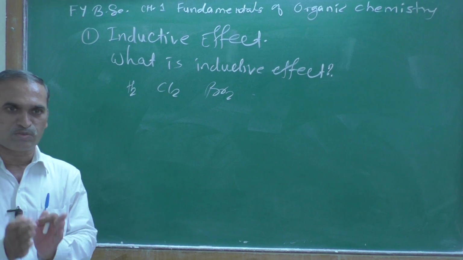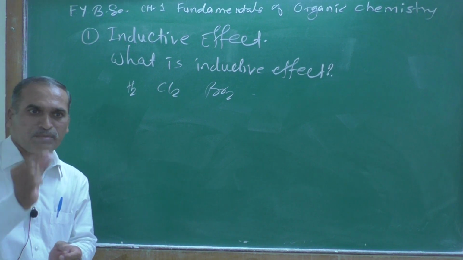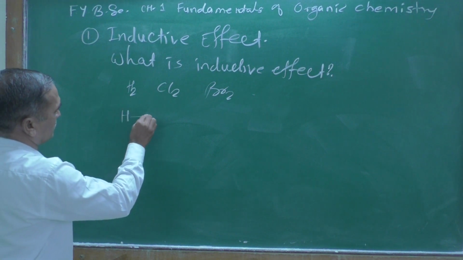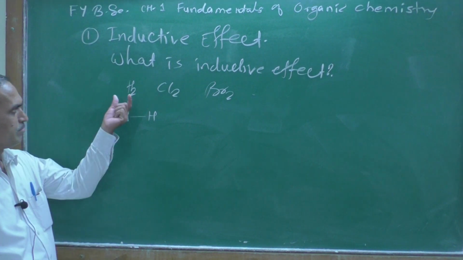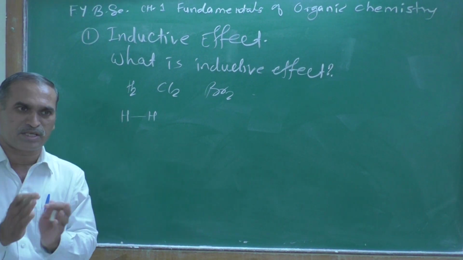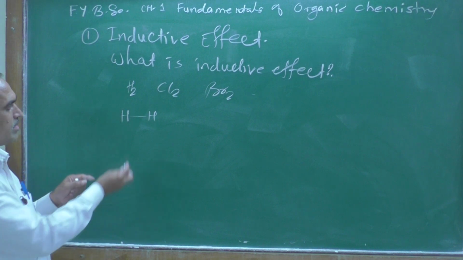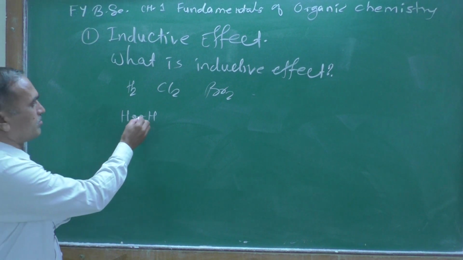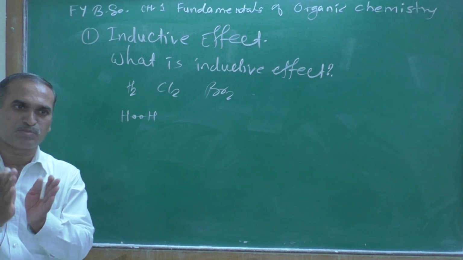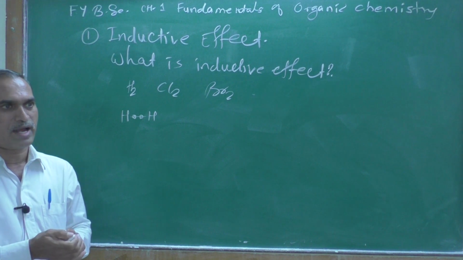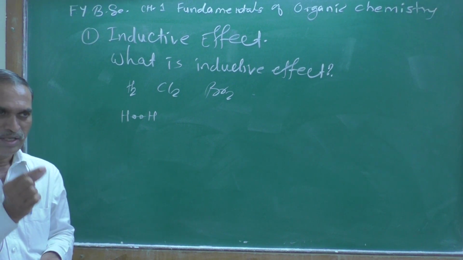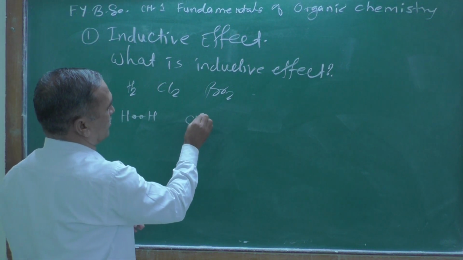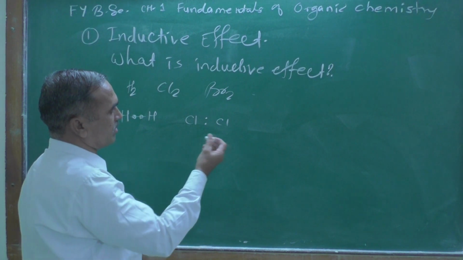Homoatomic molecule means they are similar atoms. When two hydrogen atoms form H2, the bond is nothing but a sharing of electrons. The electron density is shared equally because both are identical atoms. In the case of chlorine, they share the electron equally.